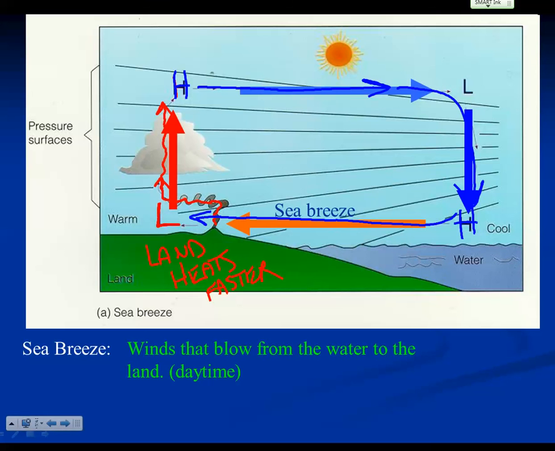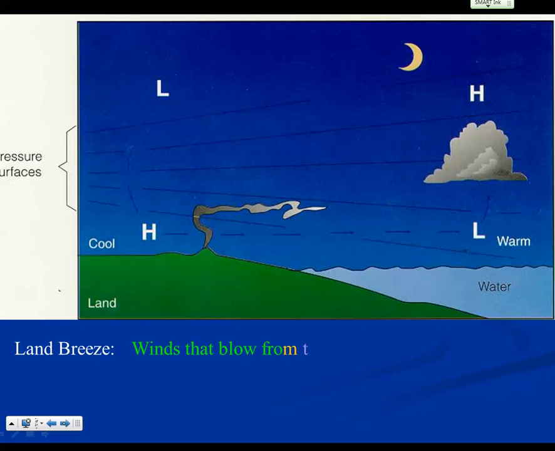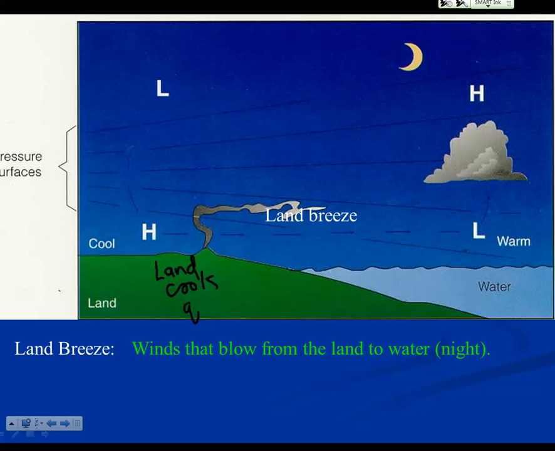Now, everything switches at nighttime, because at nighttime, the land cools down faster than the water. So land, just like it heats up quickly, it cools quickly.